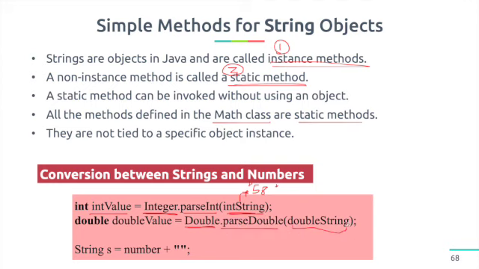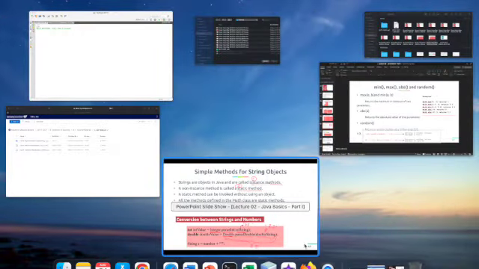And here I'll have the double string, which will store a double. So for example, let's say 8.5 as a string will be converted into a double. So after parsing, it will be only 8.5. And then to store it, I will store it in the double value, which has the data type of double.